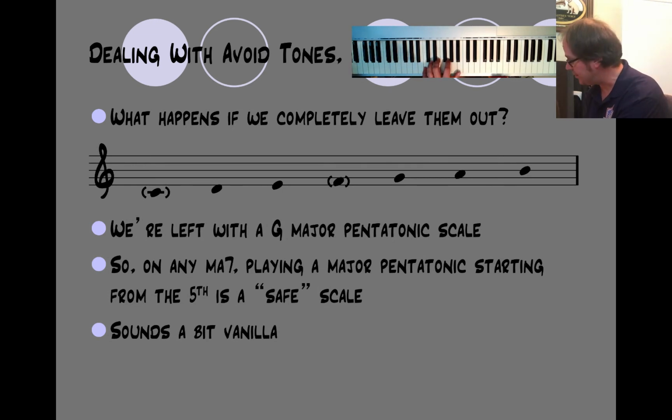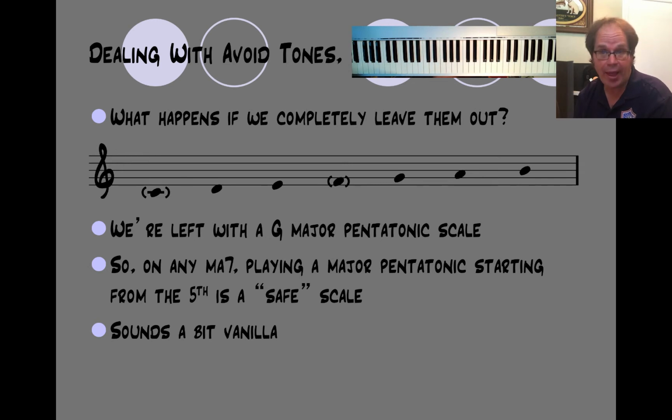So here's the thing. Check this out. Any note in that G major pentatonic scale is kind of a safe note, and it sounds really nice on that major 7th chord. Incidentally, you can find this on any major 7th chord: it's off of the 5th.